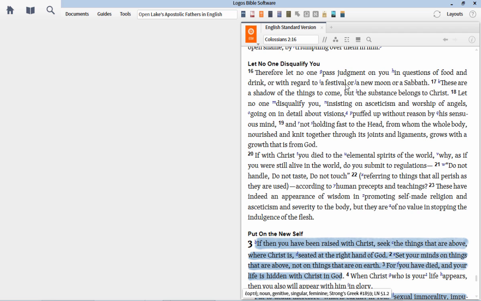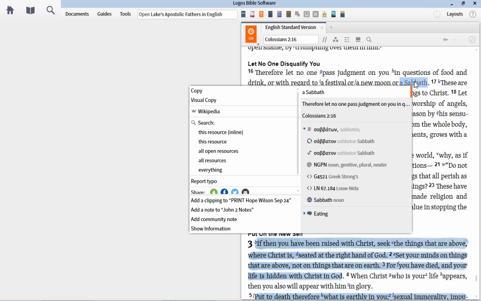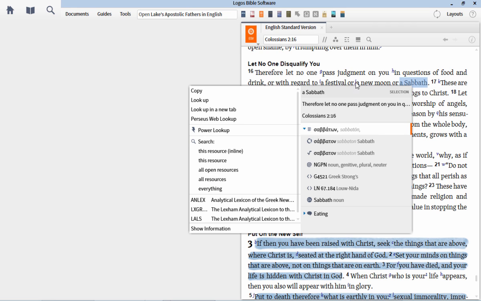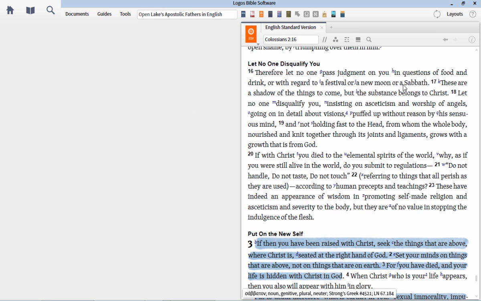It kind of makes sense, annual festivals, new moon, and Sabbath, especially since it's translated as singular, the Sabbath. Now, unfortunately, this is a bad translation. If you right-click on the word Sabbath, you will see that Sabbaton is in the plural. It should rather be translated as Sabbaths, plural.